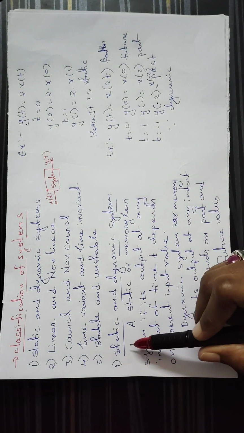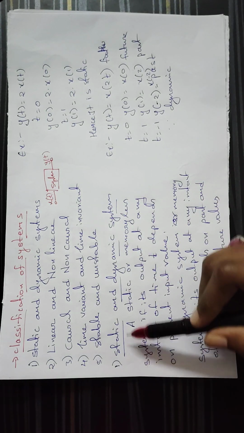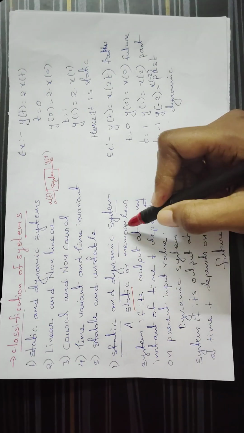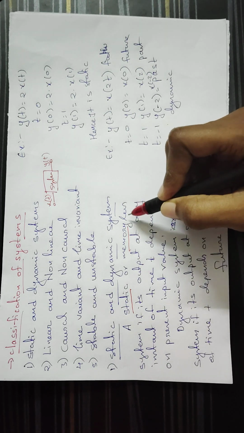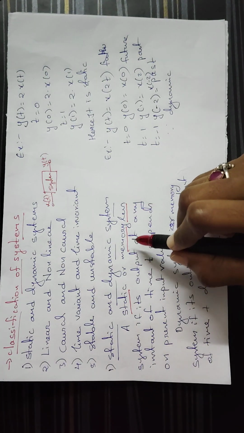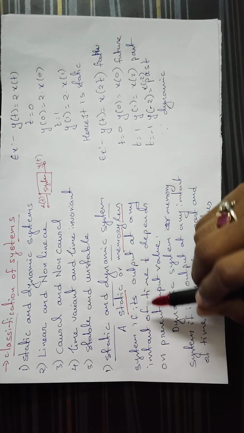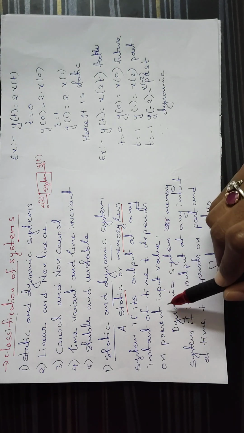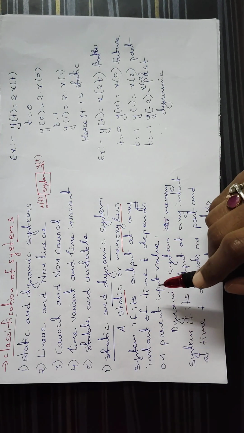Let us see the first classification, static and dynamic systems. The static system is also called a memoryless system. Why do we call it memoryless? Because the output at any instant of time depends only on the present input value.